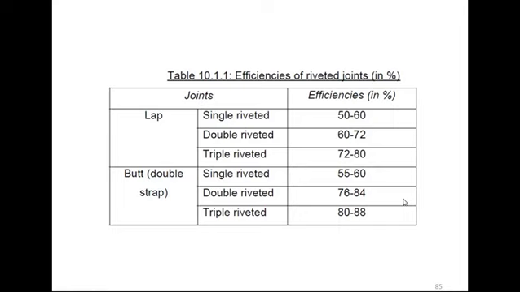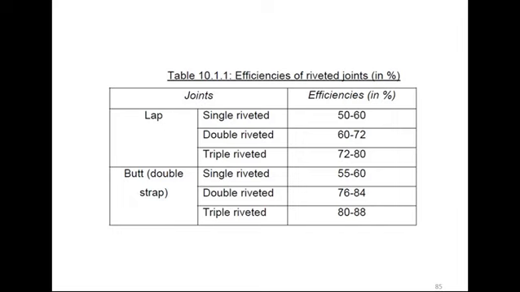So whatever efficiency percentages are given here, why are they important? Because on the basis of these, we select the application. Where very high efficiency is required, we select the triple riveted lap joint.